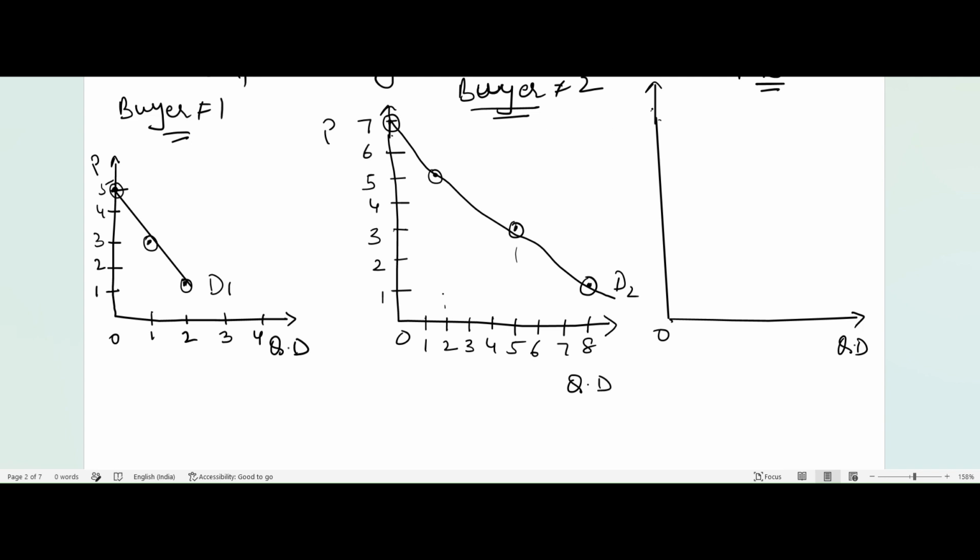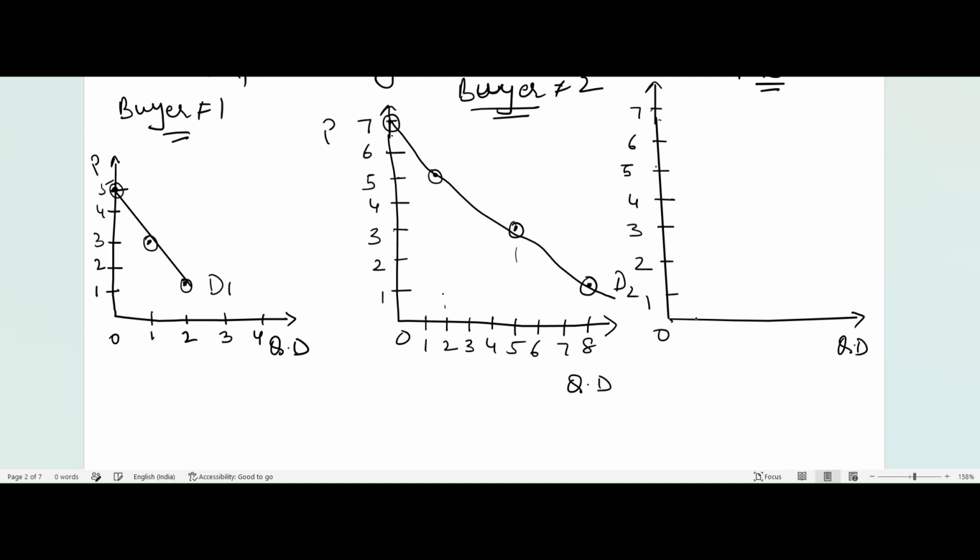Again, it would be marked as 7 and then 6, 5, 4, 3, 2, and 1.